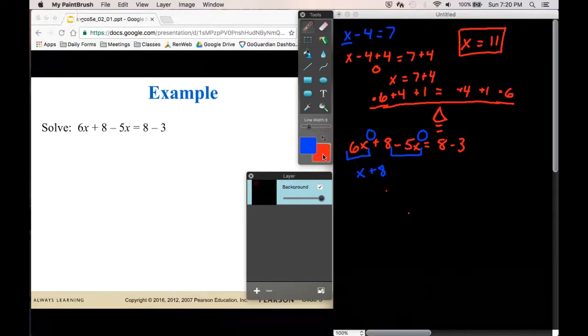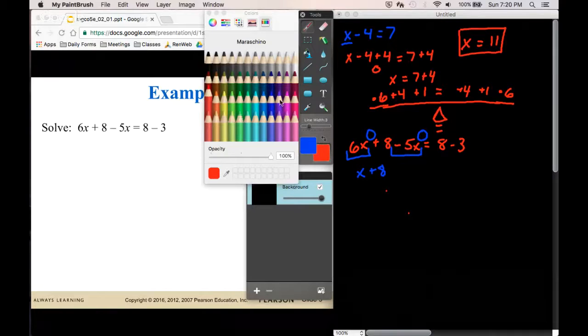Now you go to the other side of the equation, and you have like terms over here. You are going to add your like terms of an 8 and a negative 3, which is going to be a 5.